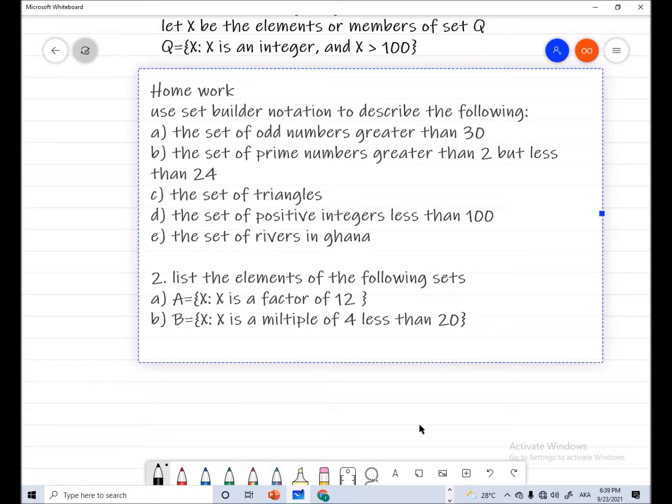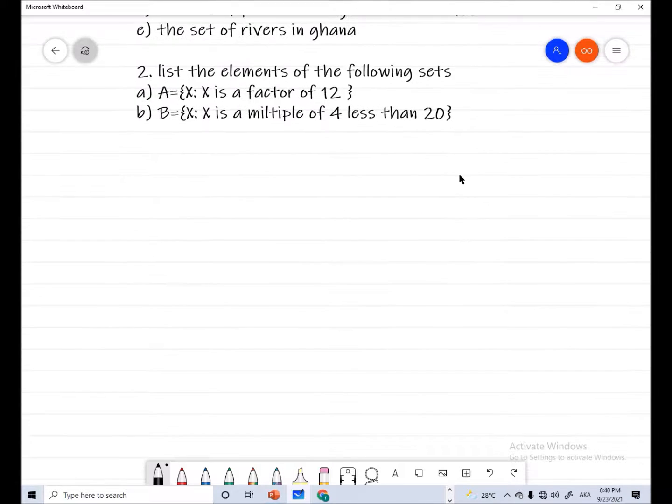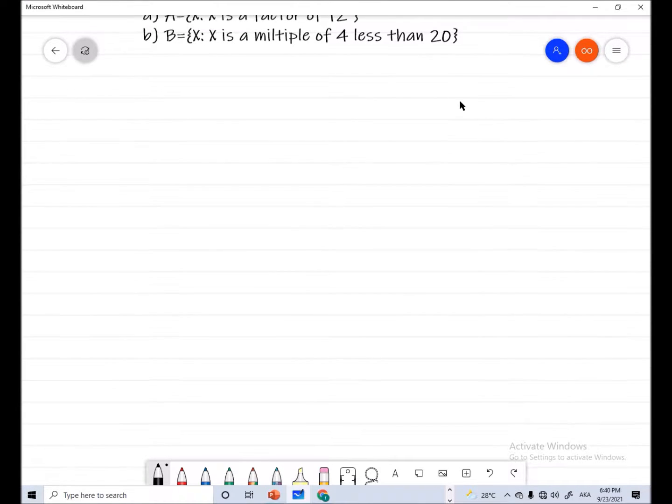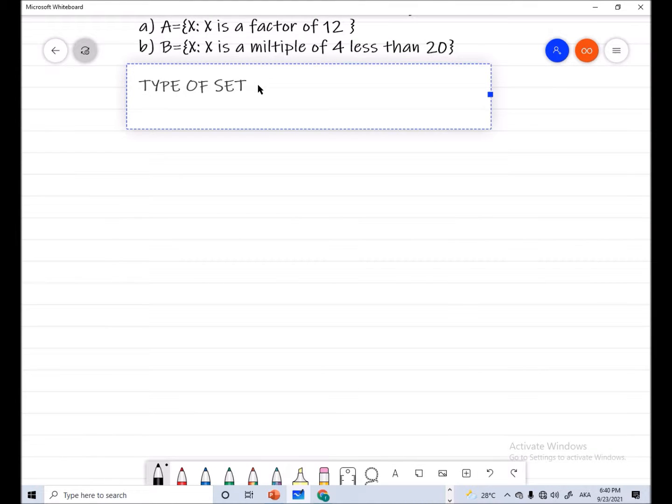All right, let's quickly go through types of sets. Let me list them.